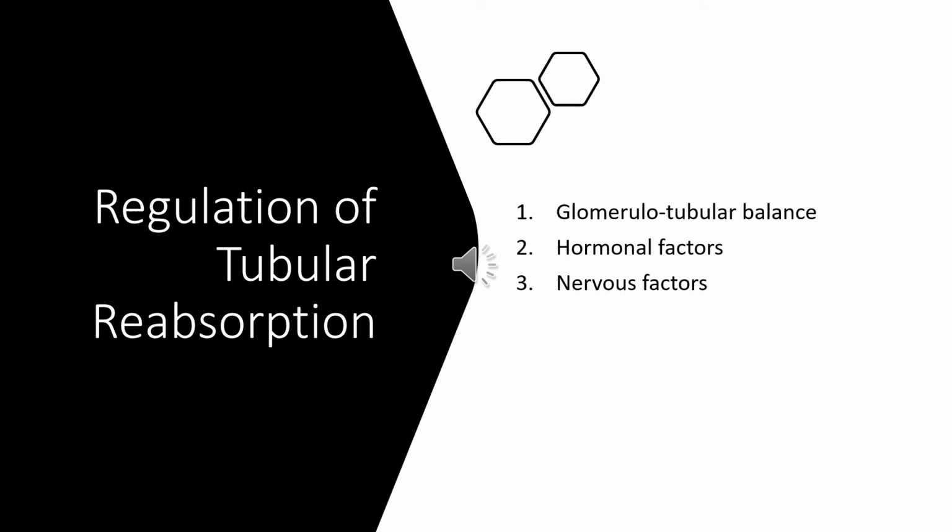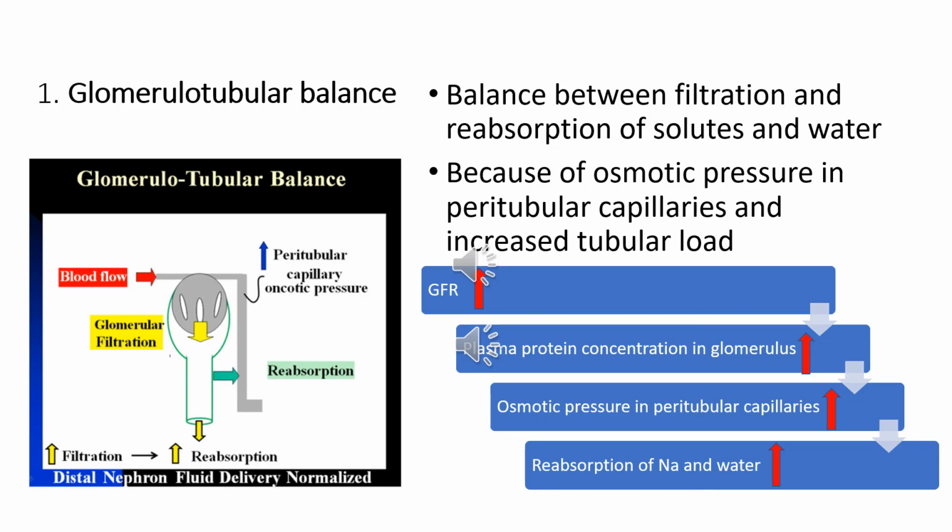The regulation of tubular reabsorption is by three factors: glomerulotubular balance, hormonal factors, and nervous factors. Let's see them one by one. Glomerulotubular balance is the balance between glomerular filtration and the reabsorption of solutes and water from the tubules.